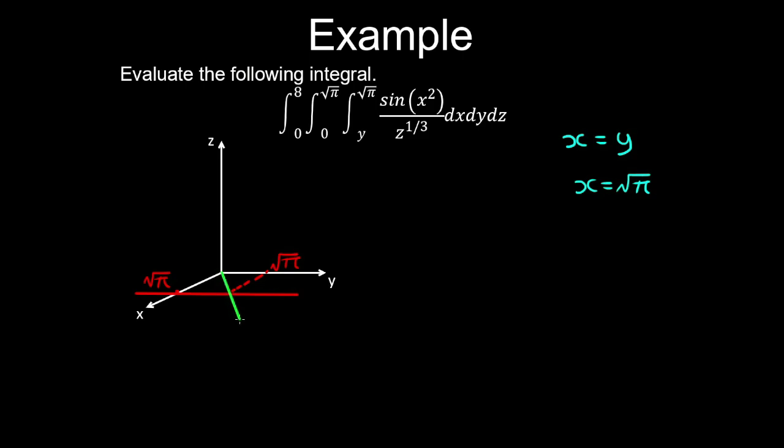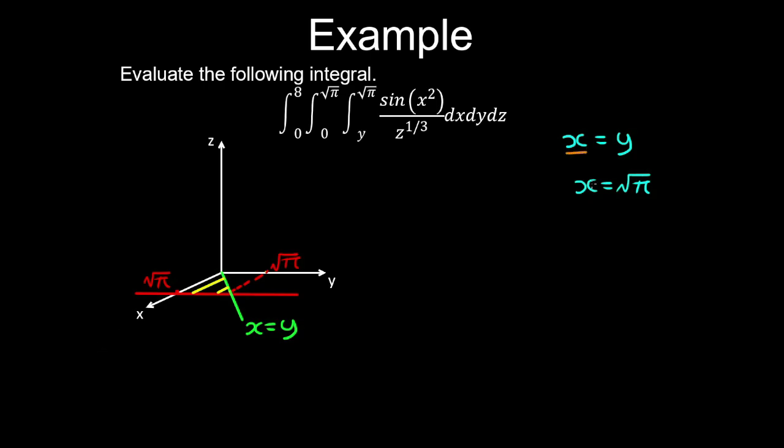So this is our line x equals y. And then we're integrating from y equals 0 to root pi. So if we take our lines parallel to the x-axis, we're integrating these from y equals 0 to root pi, which covers this entire region.